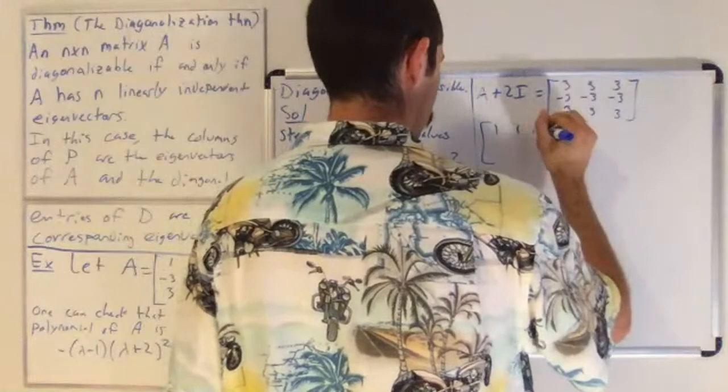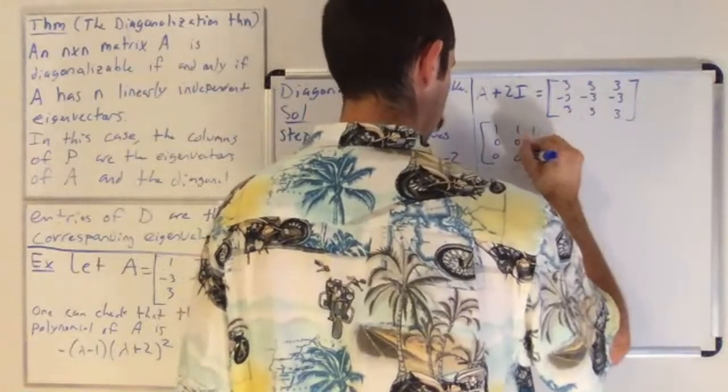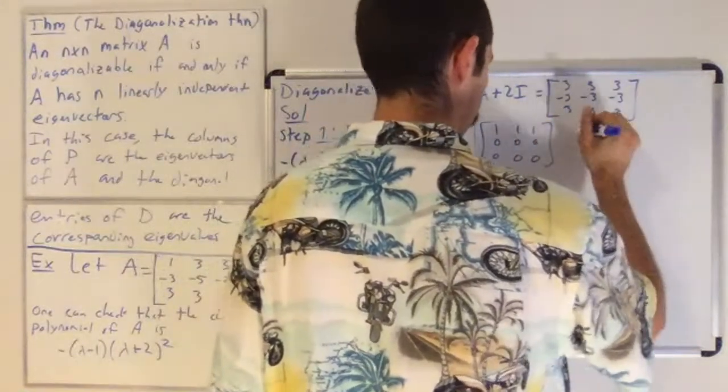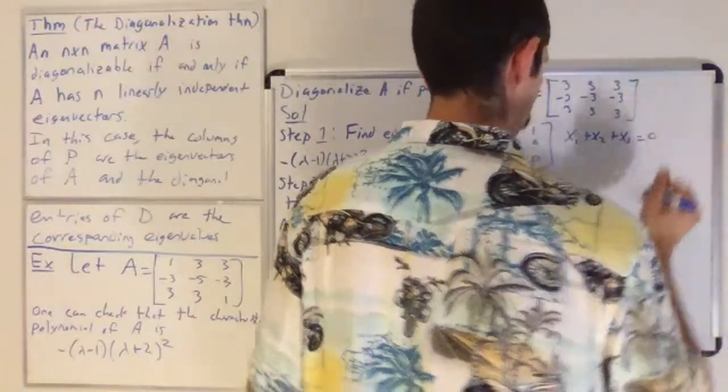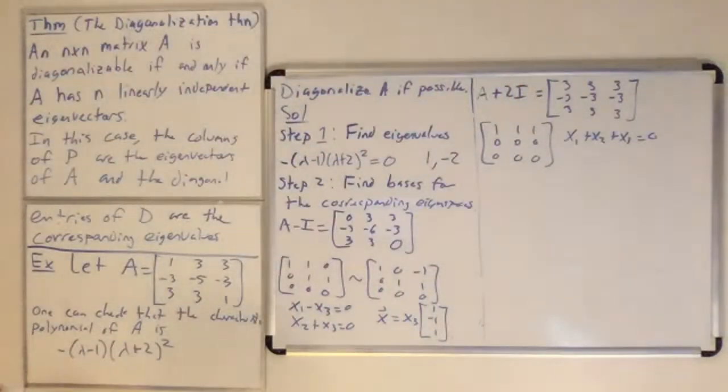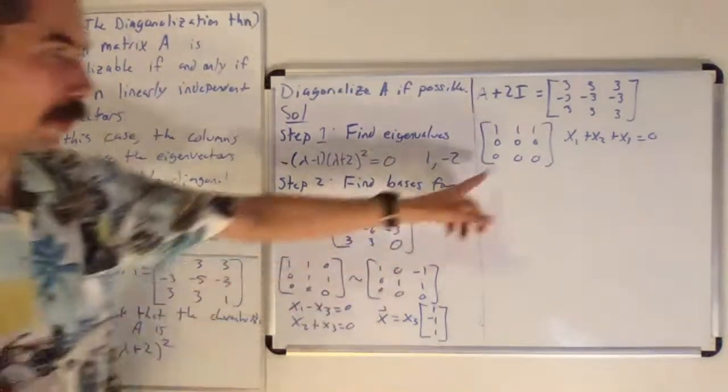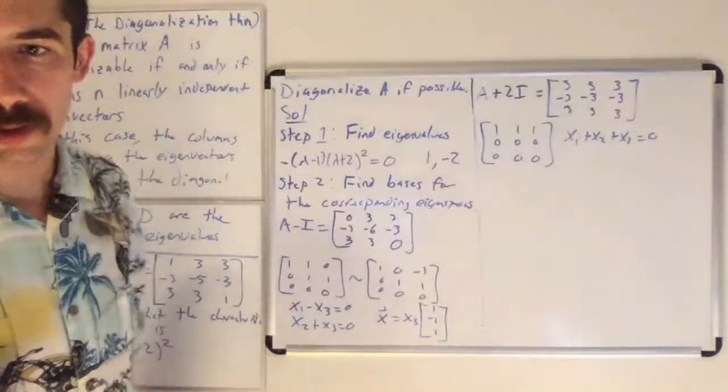This row reduces to 1, 1, 1, 0, 0, 0. And so we get, right, we have 2 free variables here.